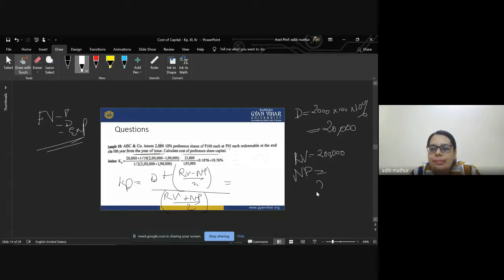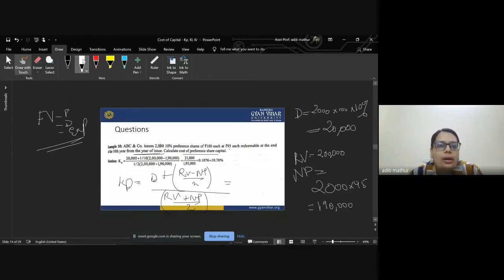So we will simply multiply 2,000 with 95 and we will get our net proceeds, which is 1,90,000. Now we will simply implement the values which we have calculated in our formula and get the answer.